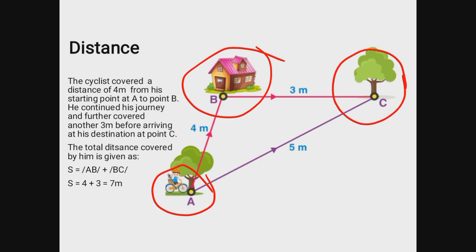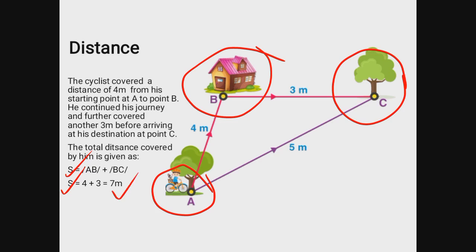To know the total distance he has covered, we just sum up the distance he covered between point A and B, in addition to the distance he covered between point B and C. Convince yourself that AB is 4 meter, and BC is 3 meter. That implies that the total distance covered by this cyclist is actually 7 meter.